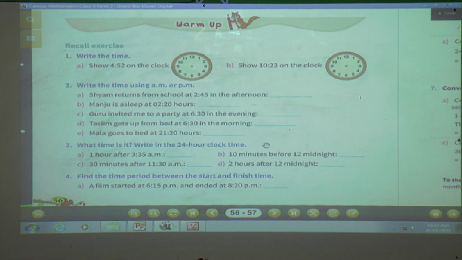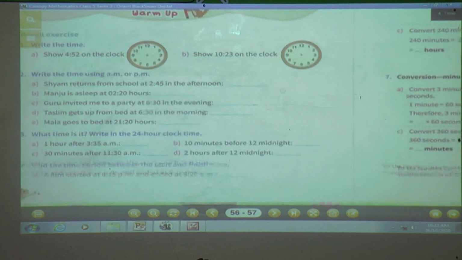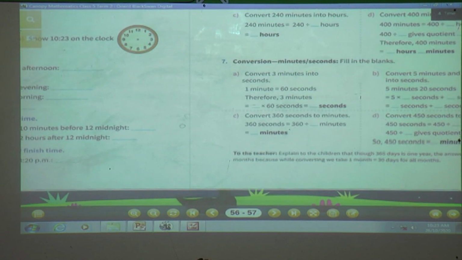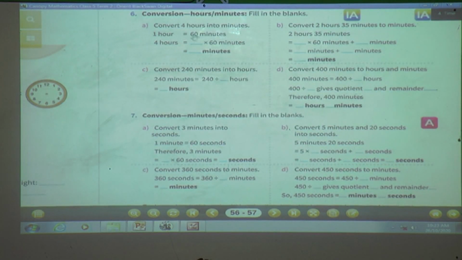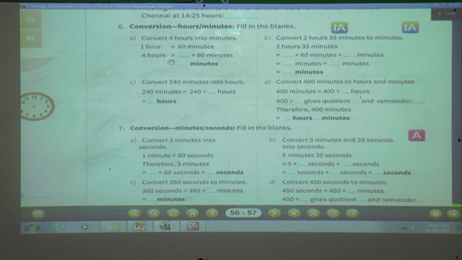Now students, tell me 1 hour is equal to 60 minutes. Okay, and 1 minute is equal to how many seconds? Yes students, tell me the answer. 60 seconds is equal to 1 minute. Now students, just remember this and try to solve these sums.